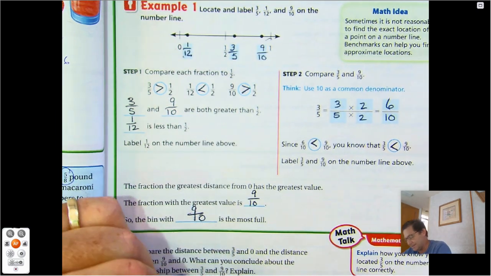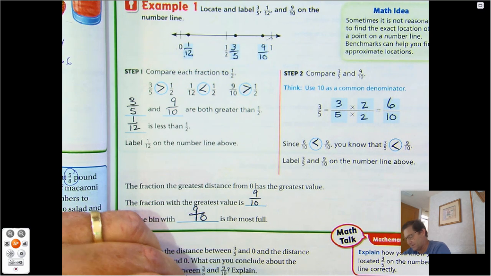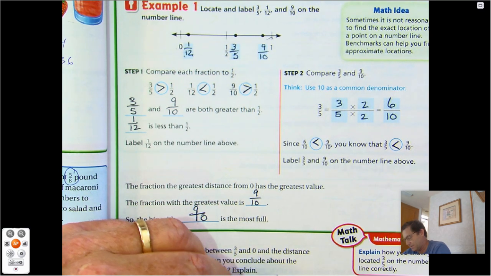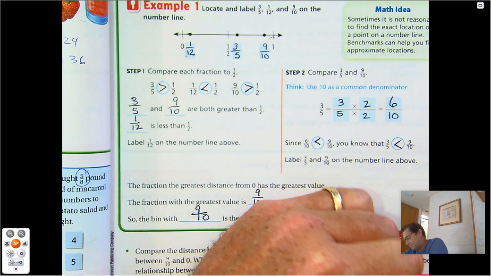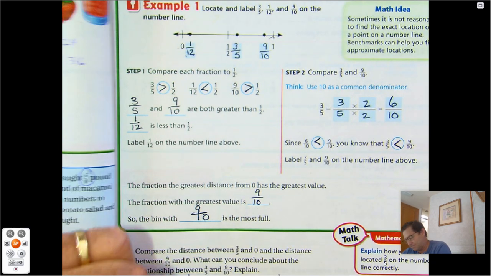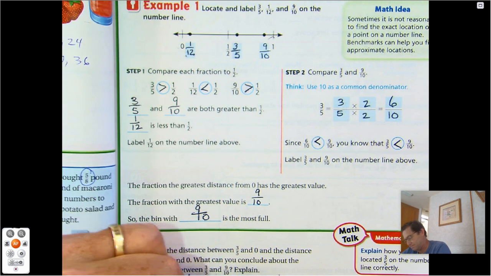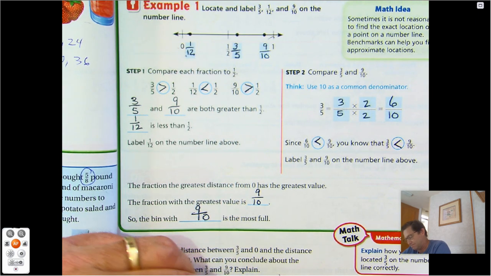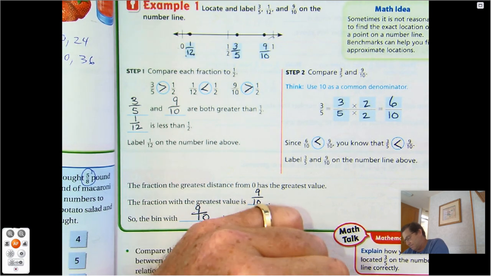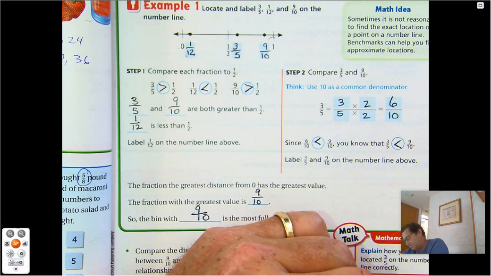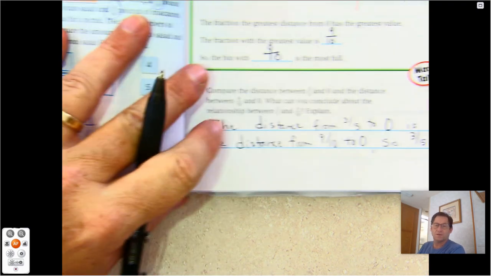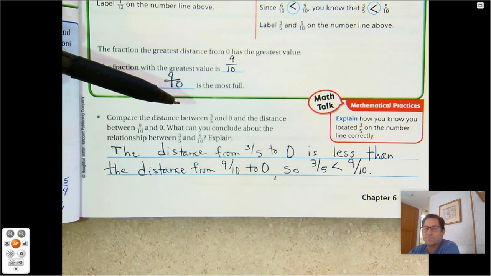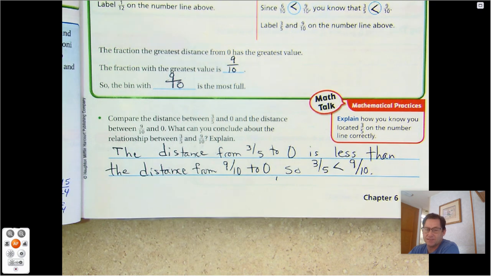So again, we know that the distance from 3/5 to 0 is less than the distance from 9/10 to 0.